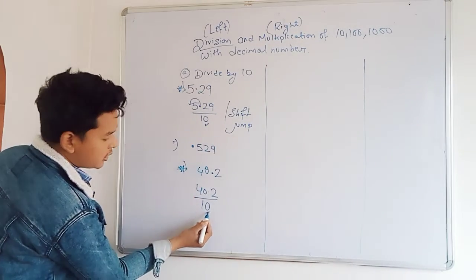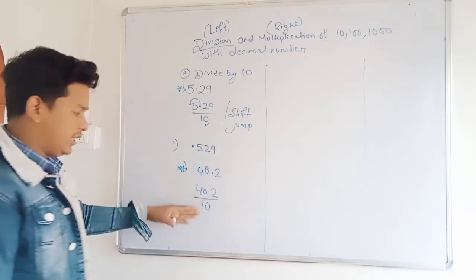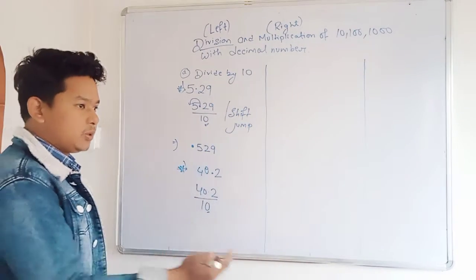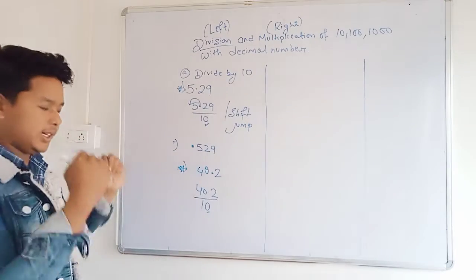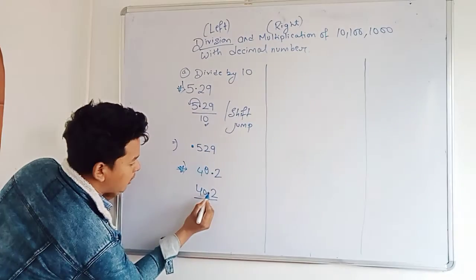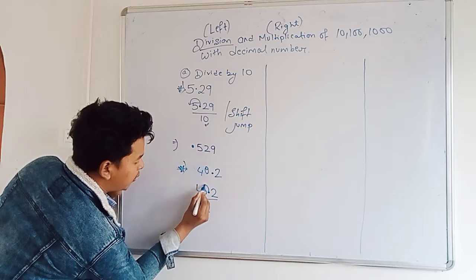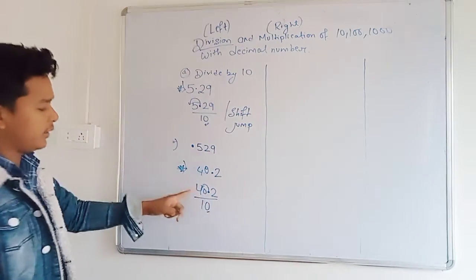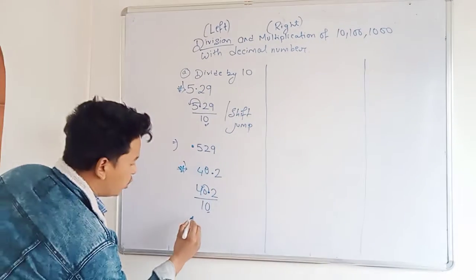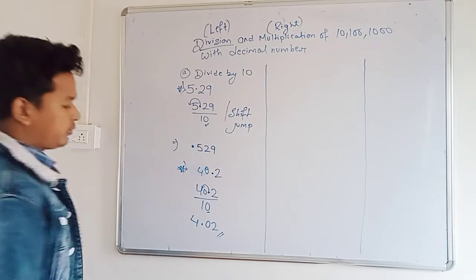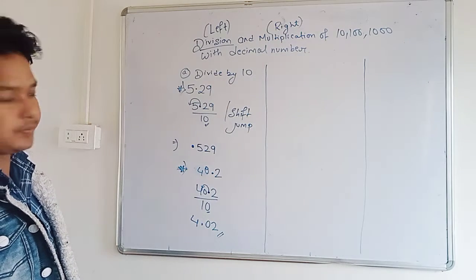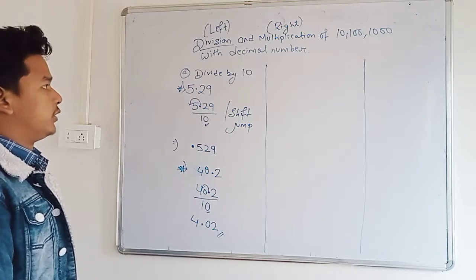See how many zeros? 1 zero. It is divide, so the decimal will jump to the left hand side. How many digits? 1 zero, 1 digit it will jump. So this decimal point will jump 1 digit to here between 4 and 0. So the answer will be 4.02. I hope it is clear. Okay. Thank you very much.